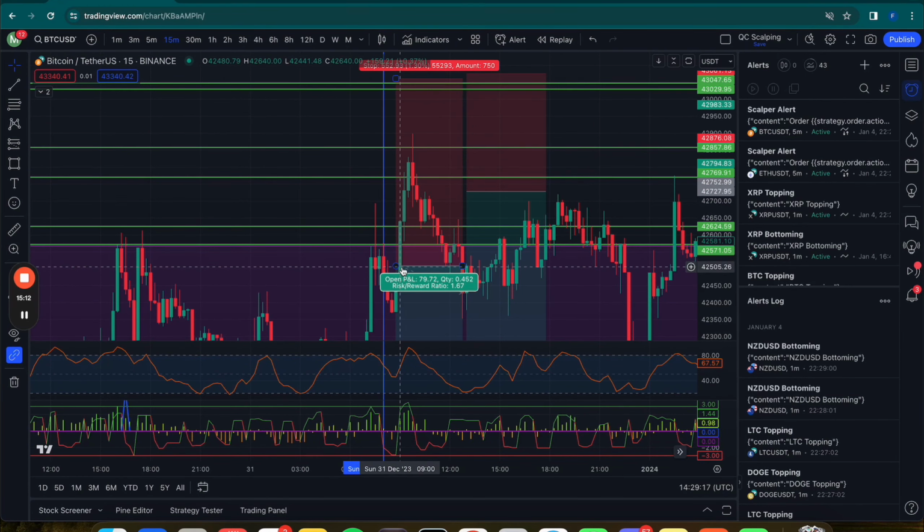So you have a double effect here, because the area you need to cover with your risk is much smaller, so you can trade with more for the same amount of risk, and the amount of profit that you get is a larger area multiplied by the extra leverage that you get.